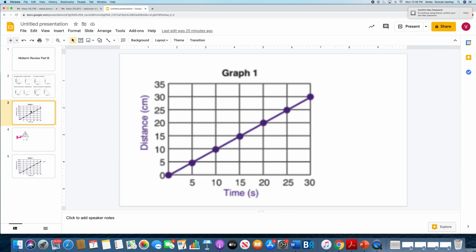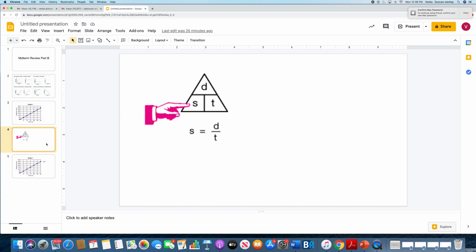So the first thing we need to do is pull our formula. Our formula to calculate speed is S equals distance over time, or D over T.